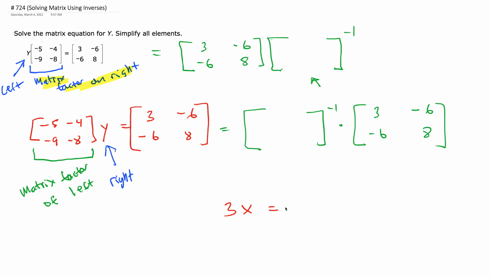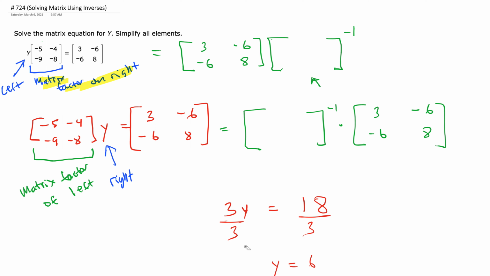3y equals 18. Okay, so when we normally think about solving this equation, because this is basically like solving for y over here, we would divide both sides by 3, right? And then we get y equals 6.